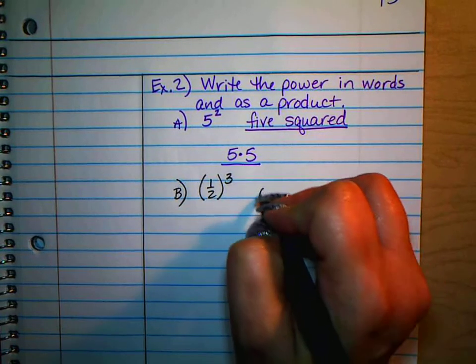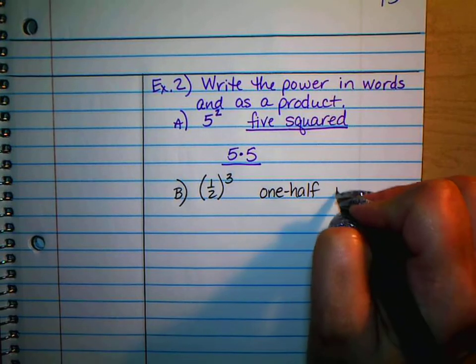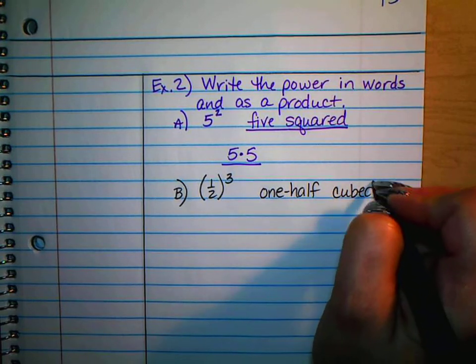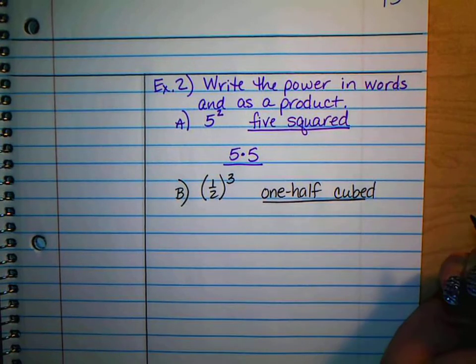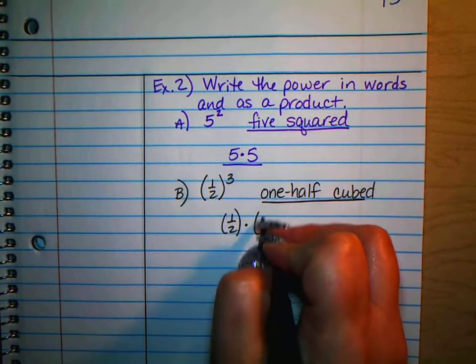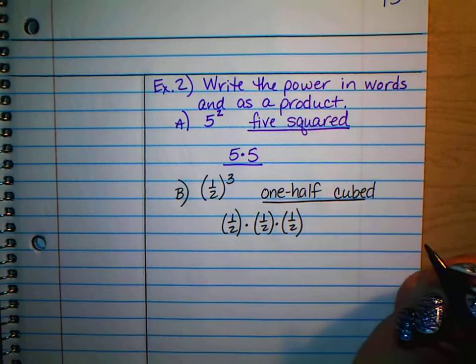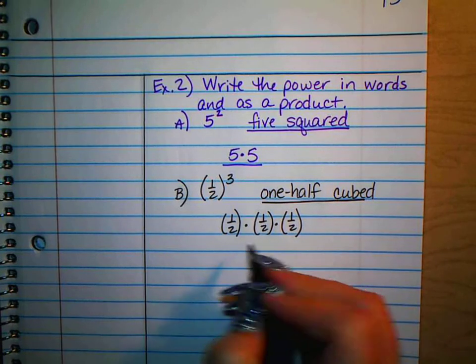Okay. 1/2 cubed. There's our words. And what does that mean? Well, it means 1/2 times 1/2 times 1/2. 1, 2, 3 of them.